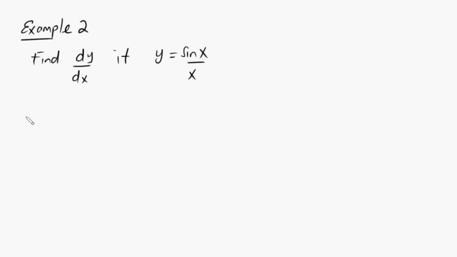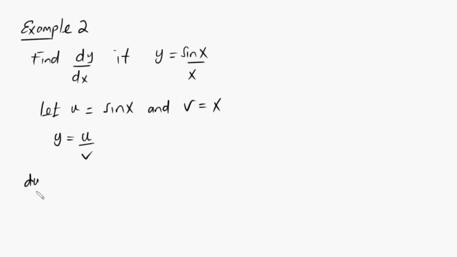So let u now equal sin x and v equal x. So this is just y equals u over v. It's just a quotient of polynomial functions. sin x and x, these are the two functions that have been divided to obtain the quotient y.